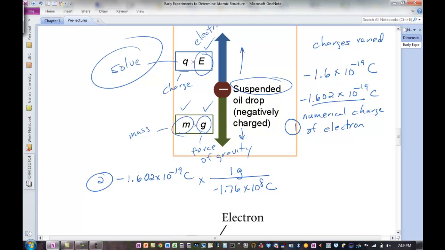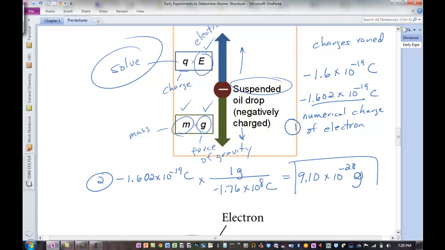And let me get my calculator here. I should know the mass of the electron. I think it's 9.11 times 10 to the negative 28th grams, but let me just double check. Okay, this comes out to 9.1 times 10 to the negative 28th grams.